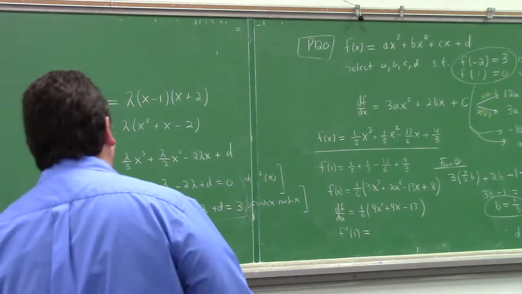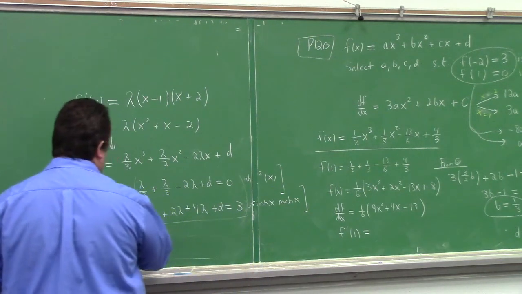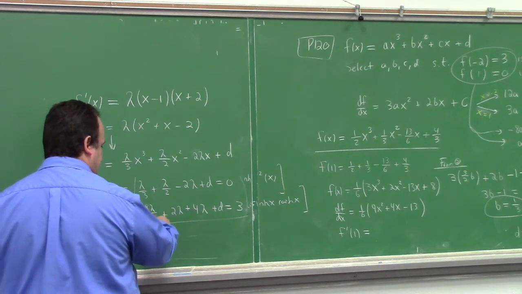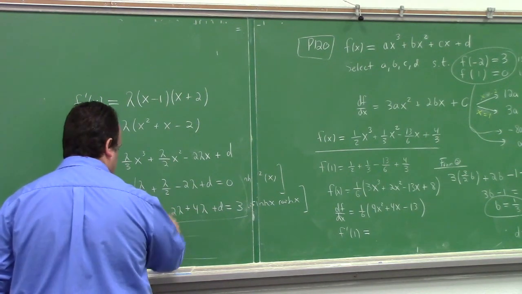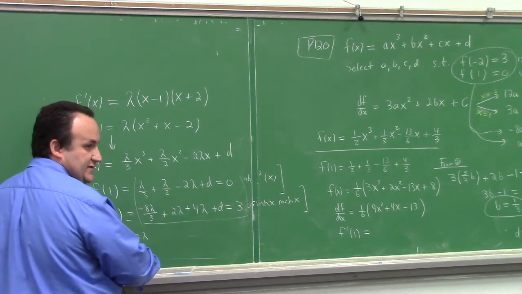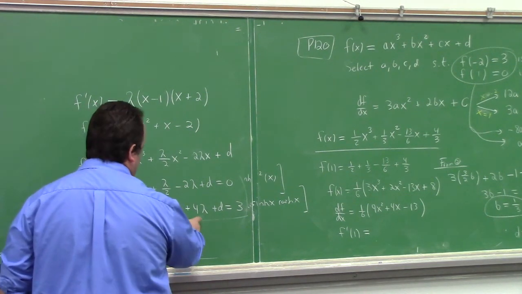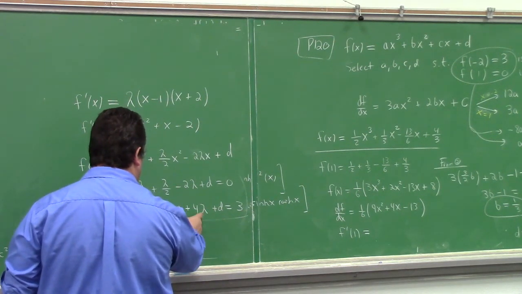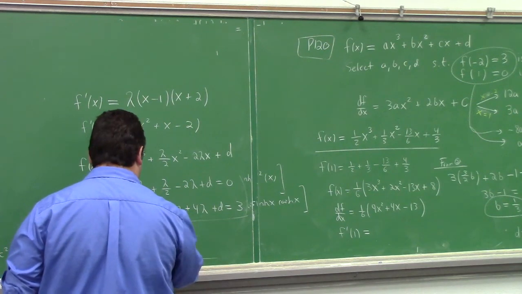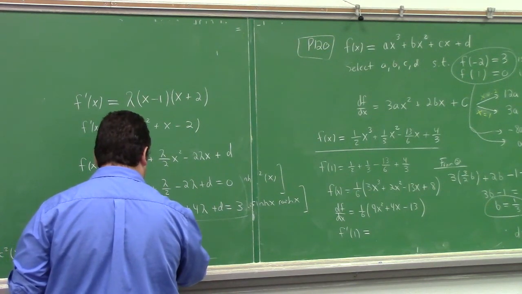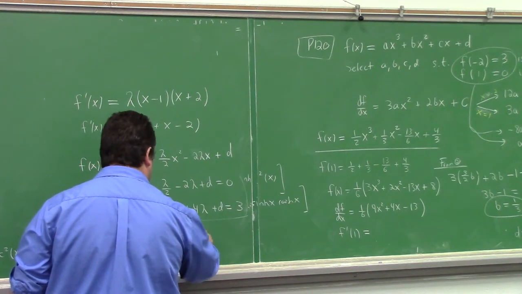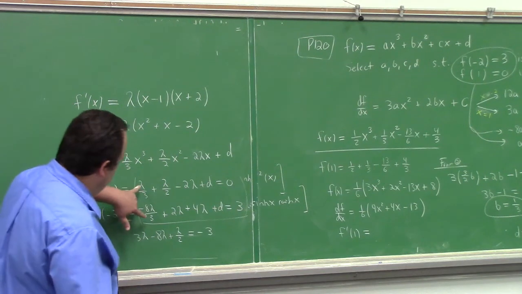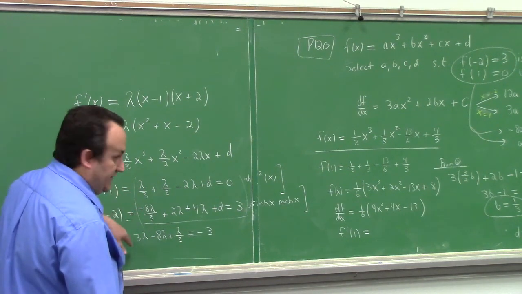We get 1/3 minus, that's 3/3. That's 3 lambdas from those. This gives me 1/2 minus 2, which is minus 3/2. Oh, there's 6 here, right? Let me just put this all together. This gives me a minus 6, so I get minus 8 lambda plus lambda over 2 equal to minus 3, if I haven't made a stupid mistake again. These two give me the 3, because I get 9/3.